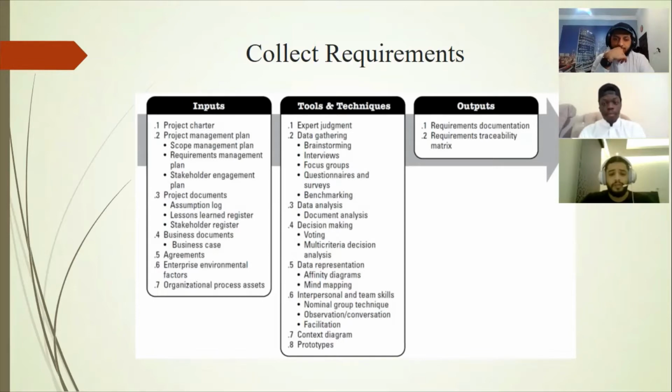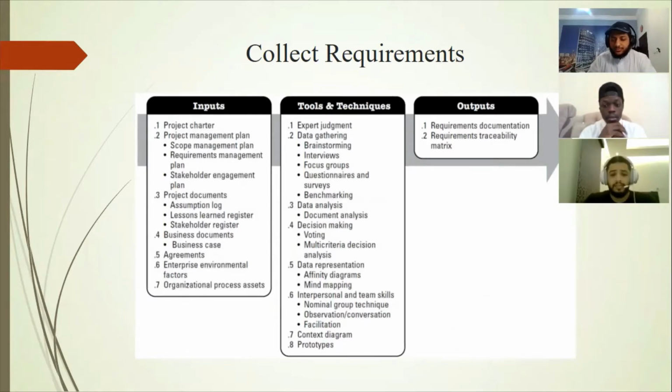Four, decision making, which has two types: voting and multicriteria decision analysis. Five, data representation, which includes affinity diagrams and mind mapping.